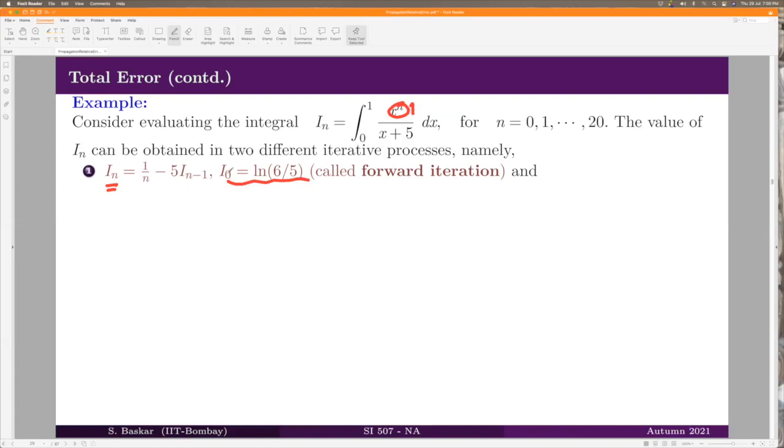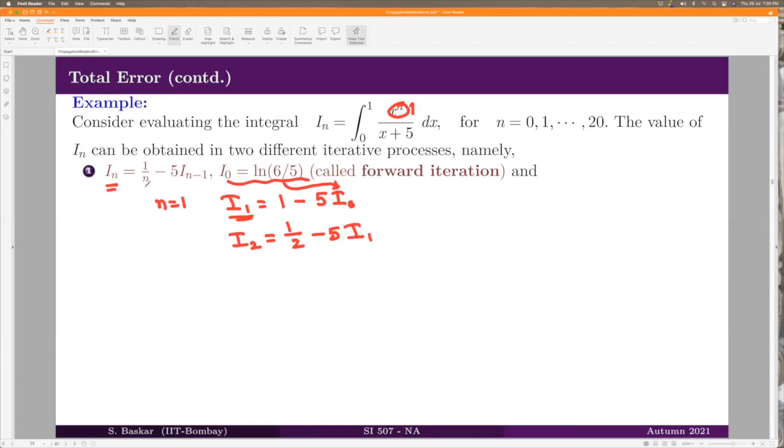Now once you have I_0, then for n equal to 1, you can write I_1 as 1 minus 5 times I_0. Now, I_0 you can plug in here and get the value of I_1. Once you have I_1, you can go to find I_2, which is given by 1 by 2 minus 5 I_1.